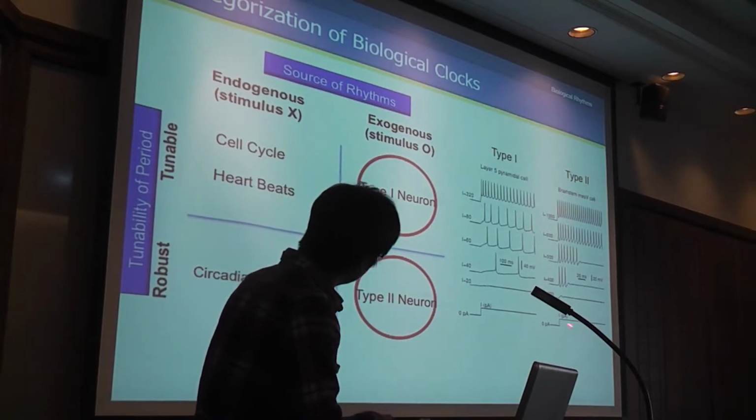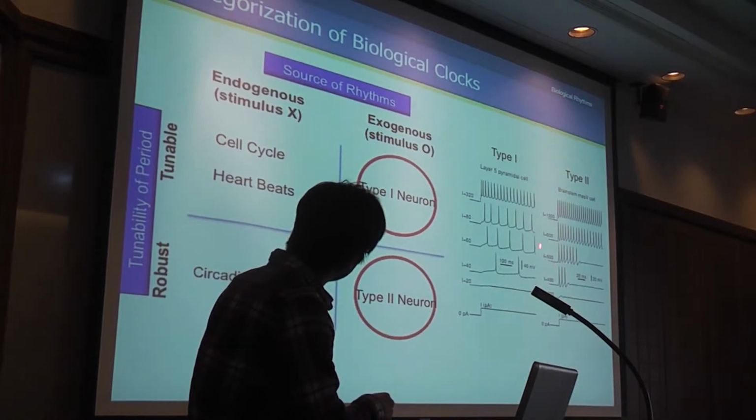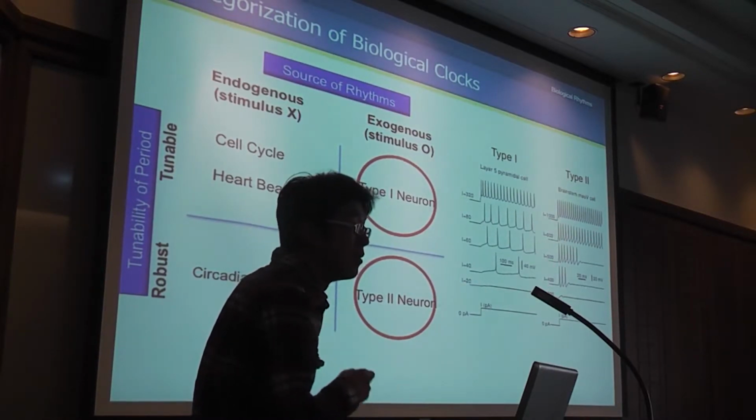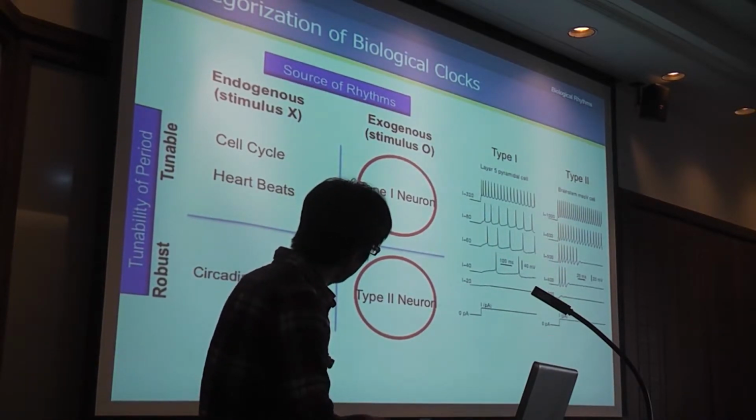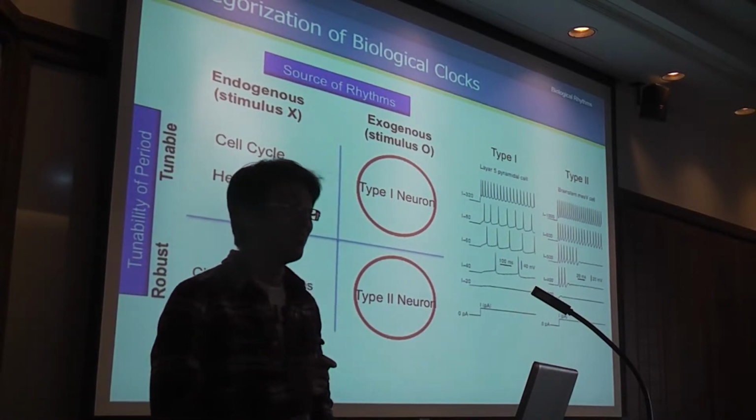And here is another type of neuron which also shows that when the external stimulus is too weak, there is no oscillation, but when the stimulus is strong enough, it can generate this type of rhythm. But you can see some difference between this type 1 and type 2 neuron. Can you see something?